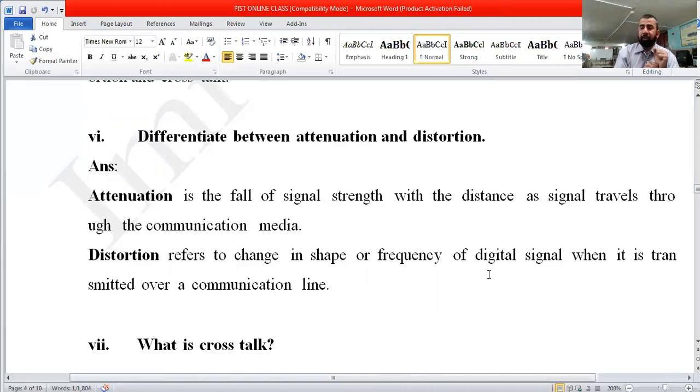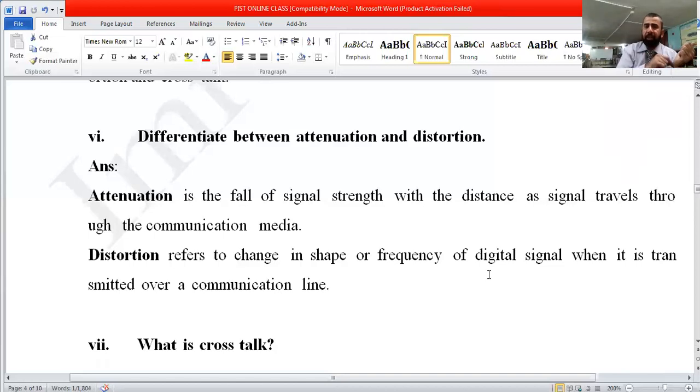Another example: you are sitting in your room and your router or modem is present on the top floor. You are searching for where the signals are coming properly. Obviously everyone wants a proper signal, but when you create distance from the router or modem, your signal strength goes down.